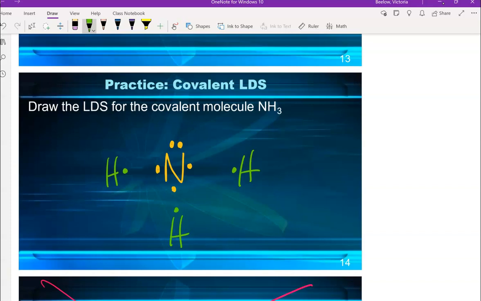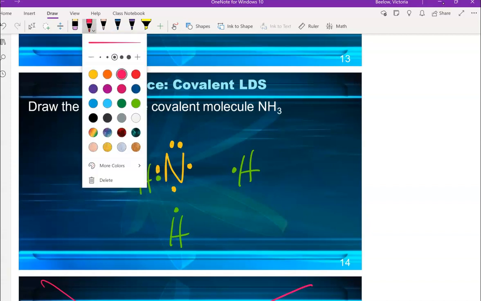Now, your goal is to have 8 valence electrons around each element, besides, of course, hydrogen, because it's only going to have 2 valence electrons max. So what I can do is move this hydrogen here.